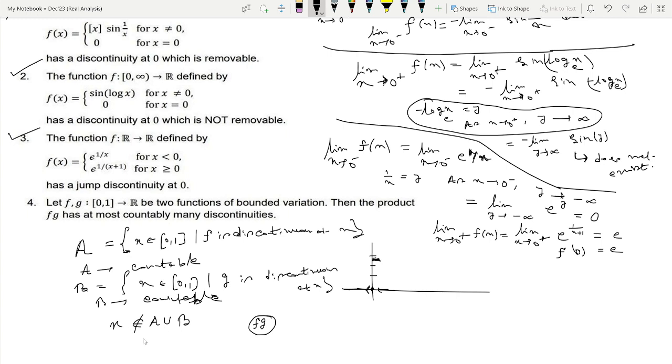So clearly fg is continuous in the complement of A union B. So consider the set S of all x belonging to 0, 1 such that fg is discontinuous at x.